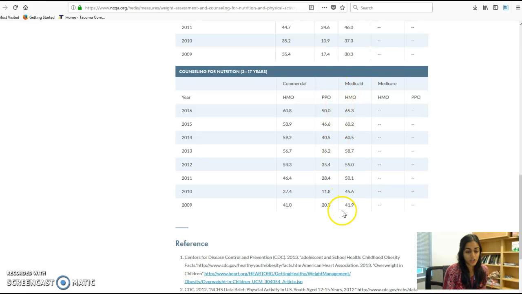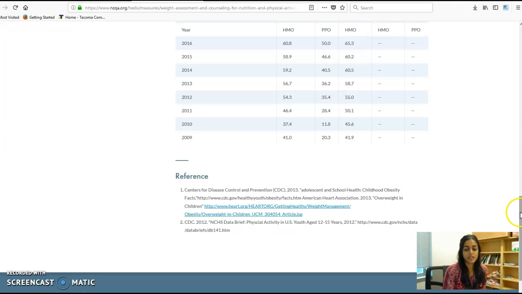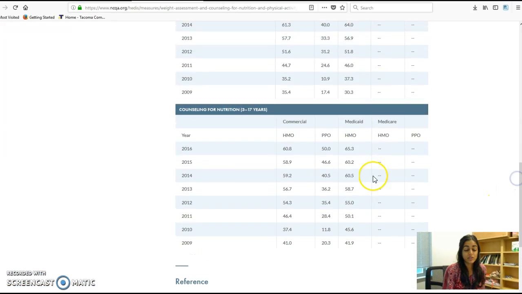Youth that are on Medicaid, you can imagine they're coming from a lower income bracket family. Youth that are on PPO, their parents probably have a job with benefits. Same with HMO, their parents probably have a job with benefits or they're buying in. So you can infer some things and use it as a proxy variable for income, if that's relevant to what you're measuring.